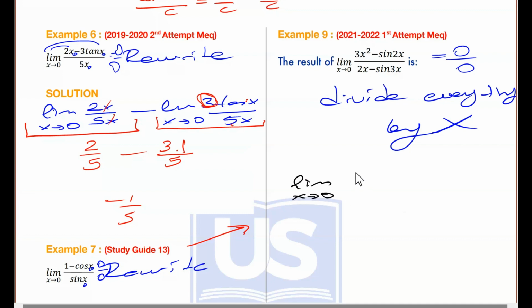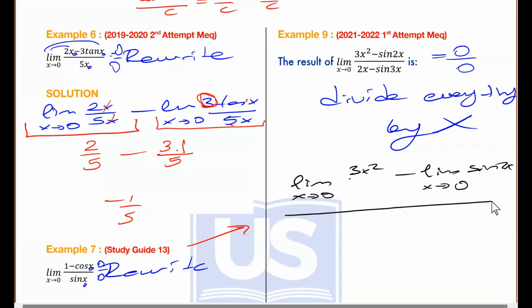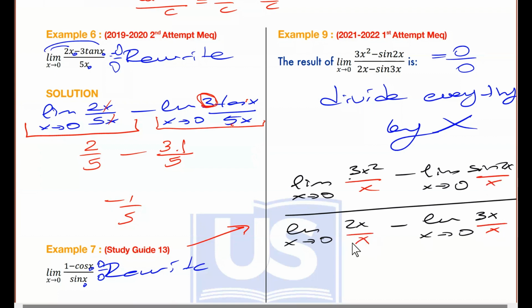The limit as x approaches 0 of 3x squared over x minus the limit as x approaches 0 of sine 2x over x, divided by the limit as x approaches 0 of 2x over x minus the limit as x approaches 0 of sine 3x over x. So divide everything by x and distribute the limit. I skipped a step here. At first I was supposed to divide everything by x and then distribute the limit. You can understand.